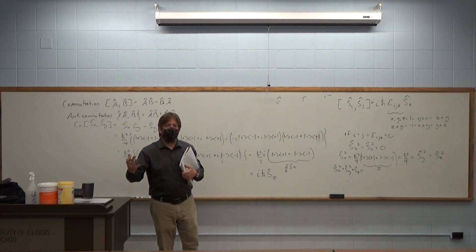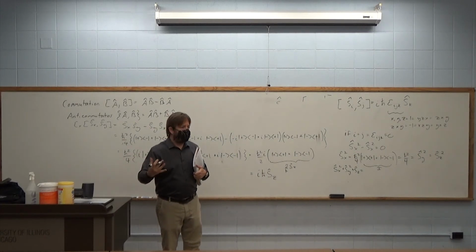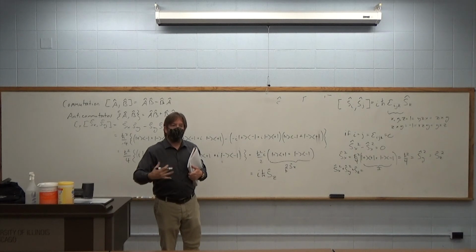What's that equal to in terms of the length? Let's call it r, the radius. Is x squared plus y squared plus z squared the radius? Is it? No, it isn't. It is not.